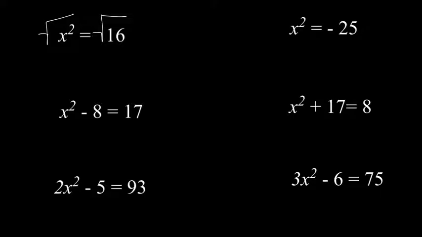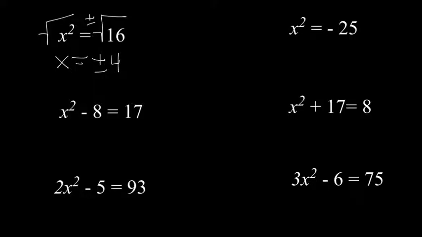And remember, whenever you're doing the square root to solve, you are finding both the positive and the negative of that value, because when you plug back in, we have to find both the positive and the negative of the square root of 16. So when you do the square root of x squared, you end up with x. Plus or minus the square root of 16 is going to give you plus or minus 4.